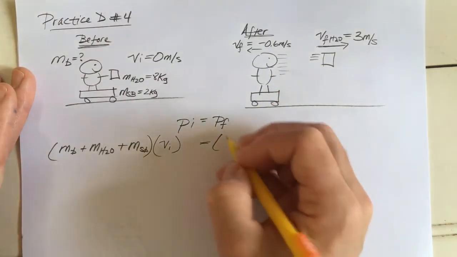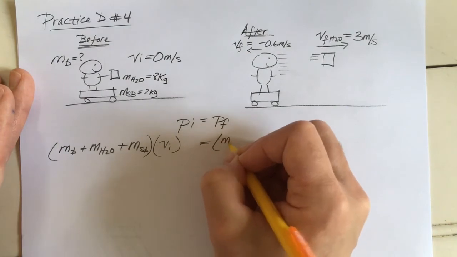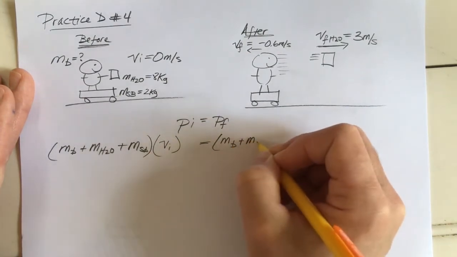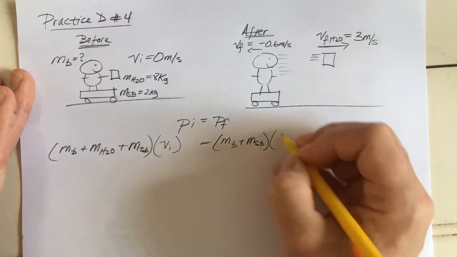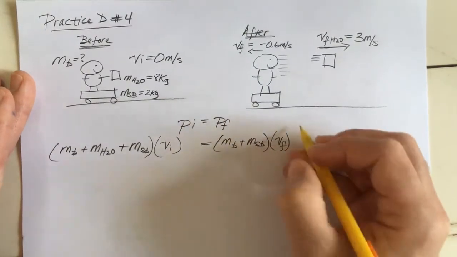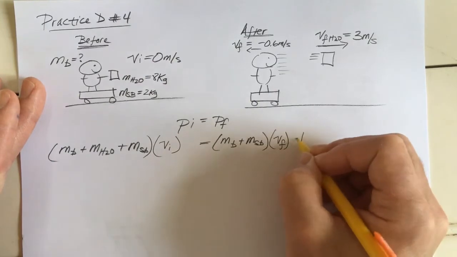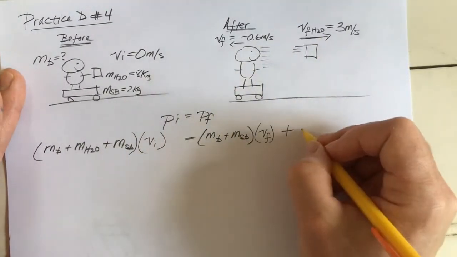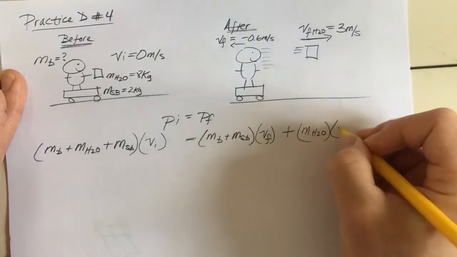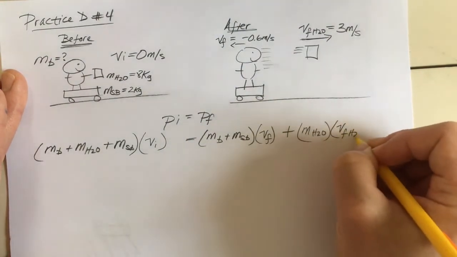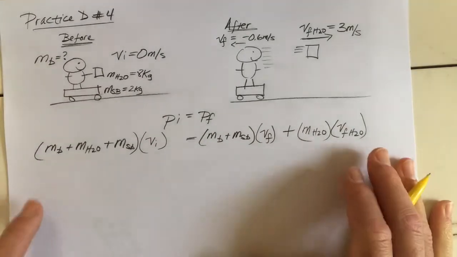So the first object will be 2 combined, right? The mass of the boy plus the mass of the skateboard. And that's going to be moving at that VF to the left. And we're going to add that to the mass of the H2O times the VF H2O.